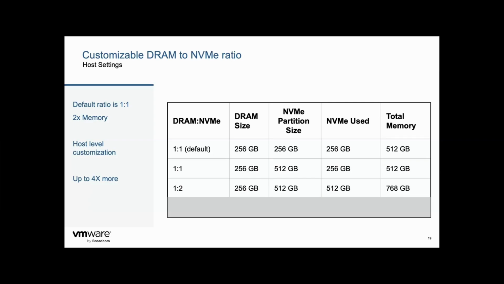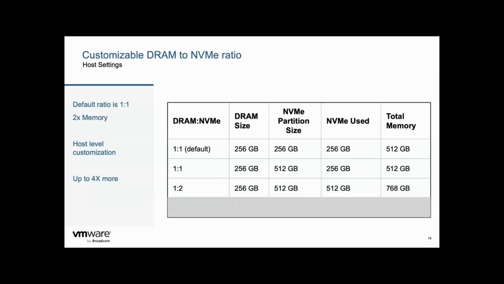Now I went from 256 gigs of DRAM, total memory, to almost a terabyte, 768 gigs.